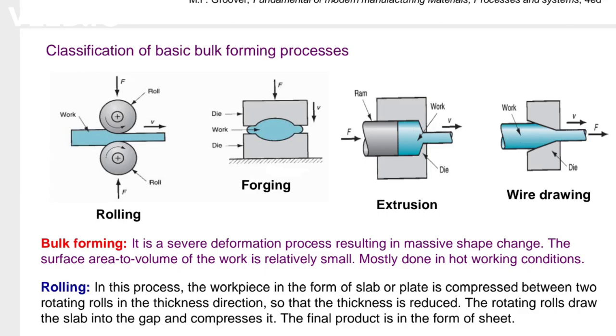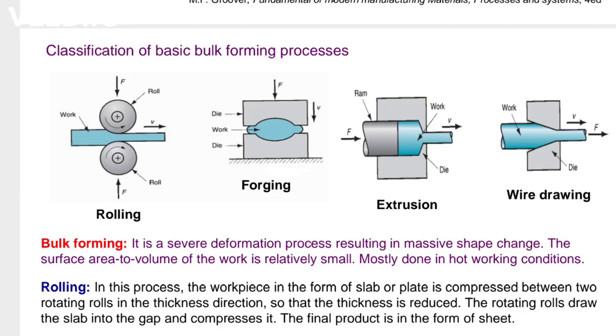Force F is applied on both the rollers and the part is drawn in with velocity V. Then the forging process, in which there are two dies, the work is placed in between the two dies, and force is applied with velocity V. It is called forging.